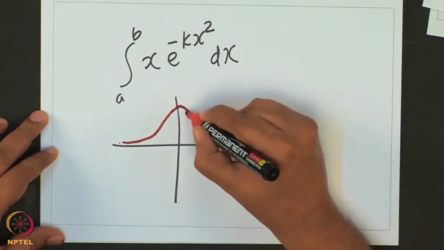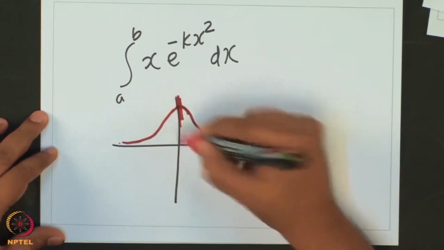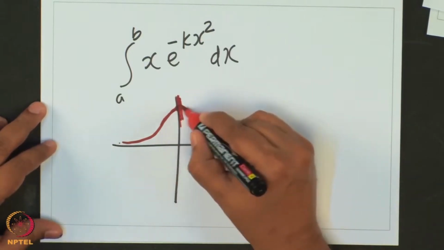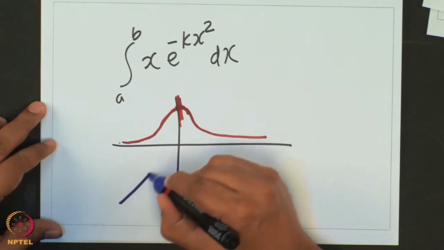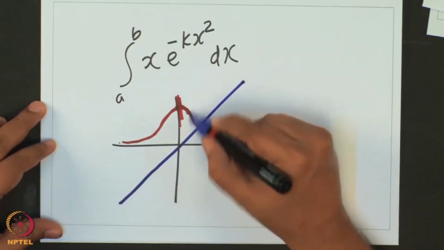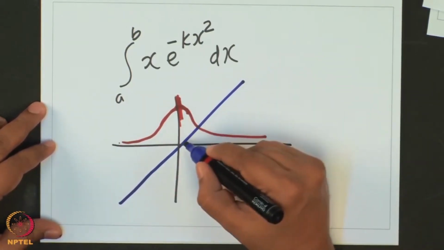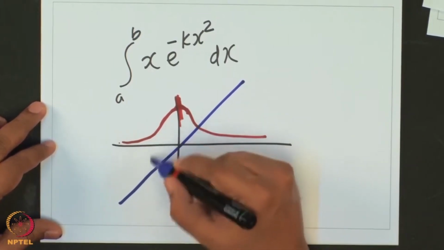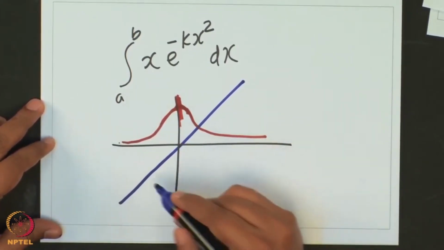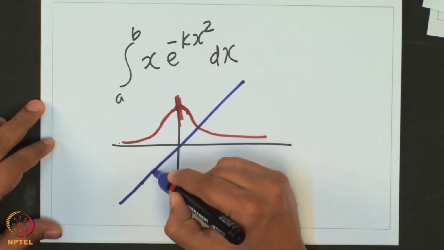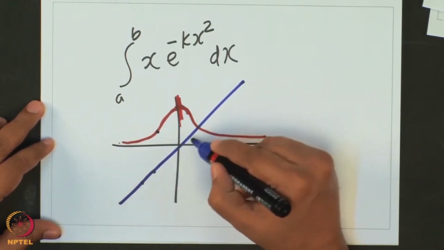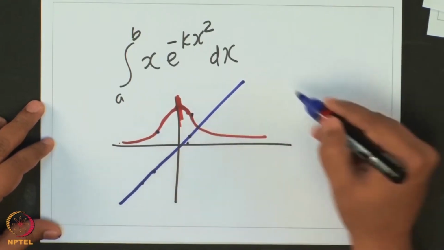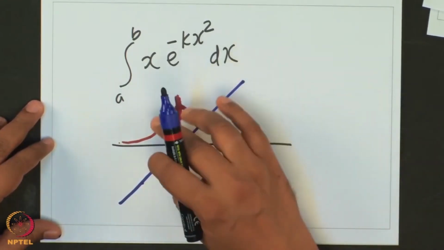I didn't plot it very symmetrically, but it is a nice symmetric function like this, and x is a function like this. If I find the product, x would be positive on one side and negative on the other. A negative number times a positive number will be negative, while positive times positive will remain positive. So this will have a positive part and a negative part.